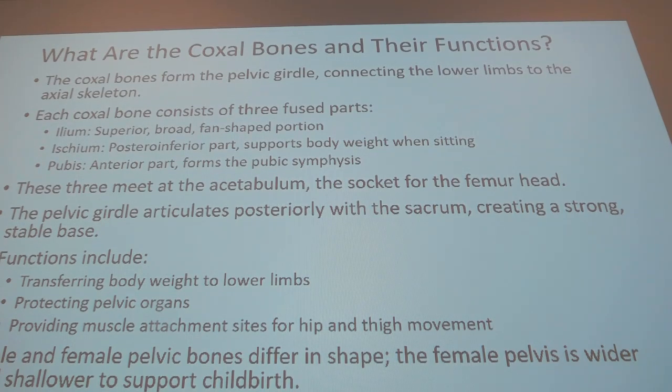So we have several areas in these bones that attach the muscles, in the pelvic bone or the coxal bone. And then there are differences between male and female pelvic bones in shape, size, and physiological structures that allow the physiological function of the male and the female pelvis. The female pelvis basically is adapted for childbirth.